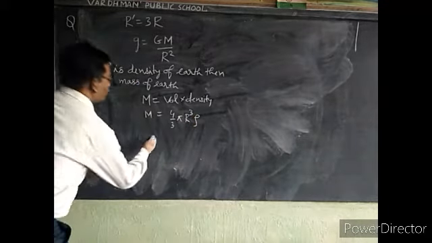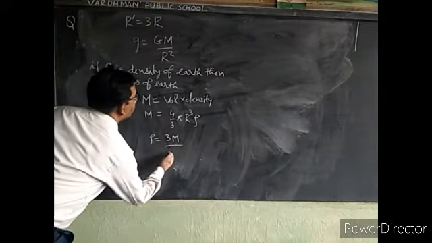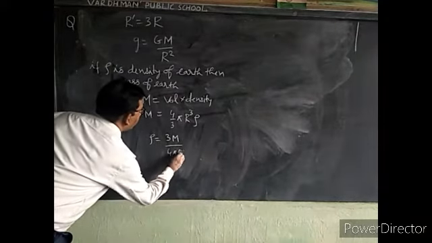From here, rho is equal to 3M upon 4 pi r cube.